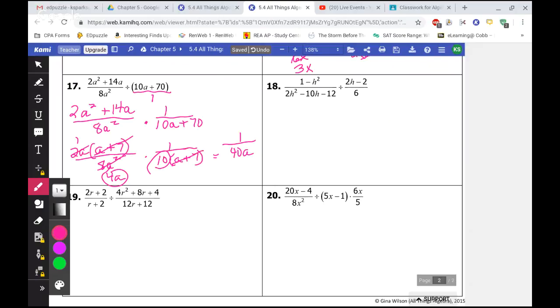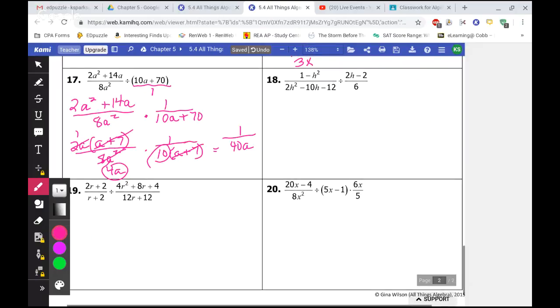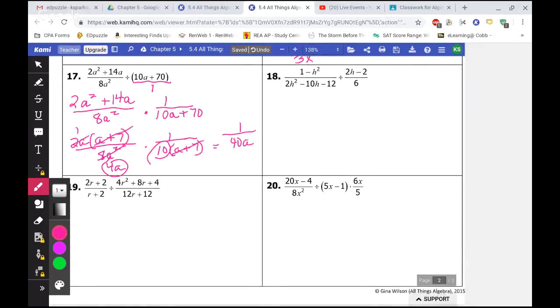How we doing? We good? Yes. All right. On number 18. So you keep the first. Change it to multiplication. Flip the second.